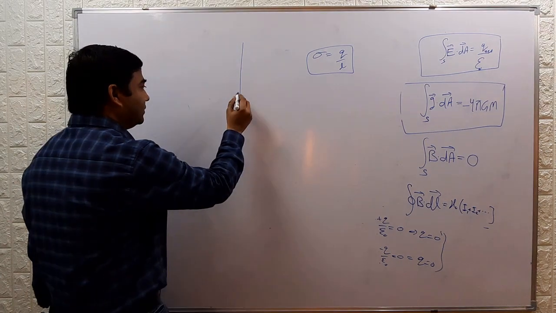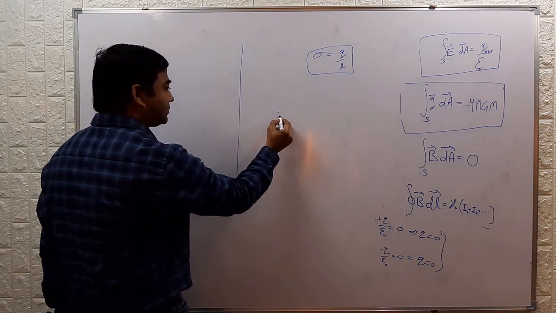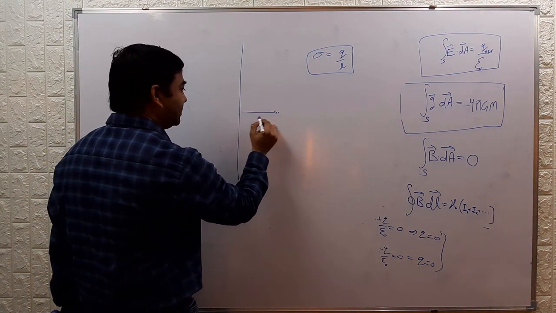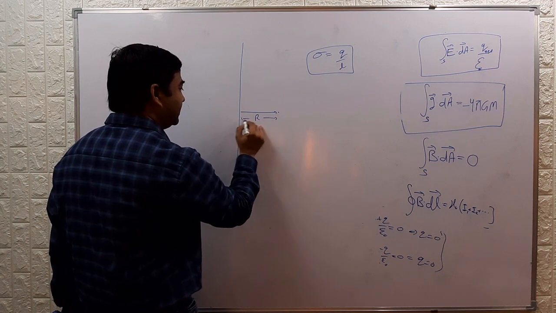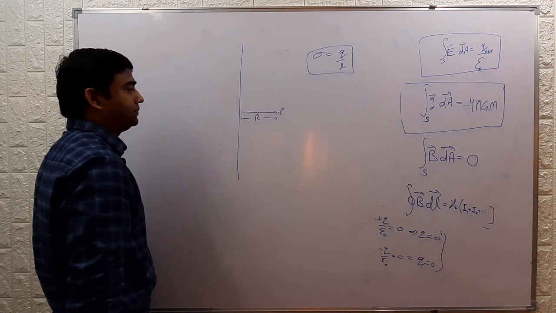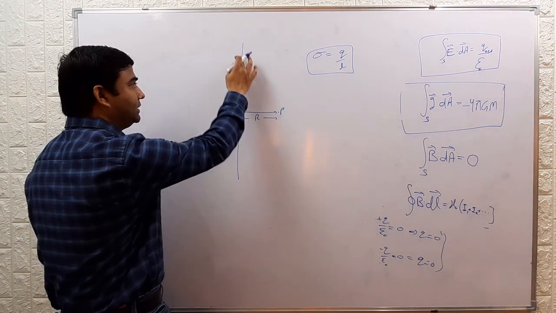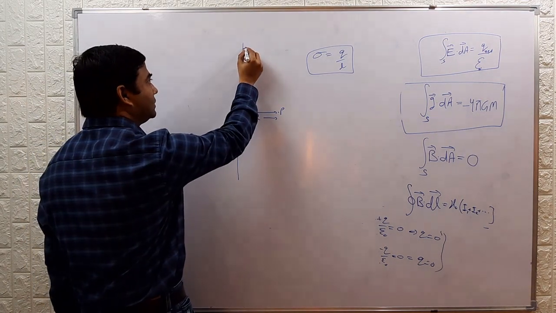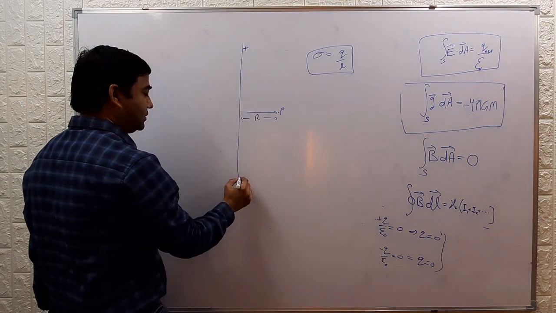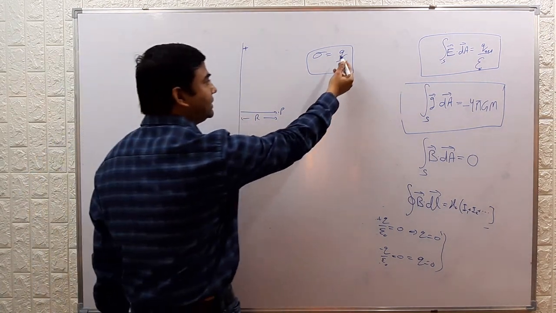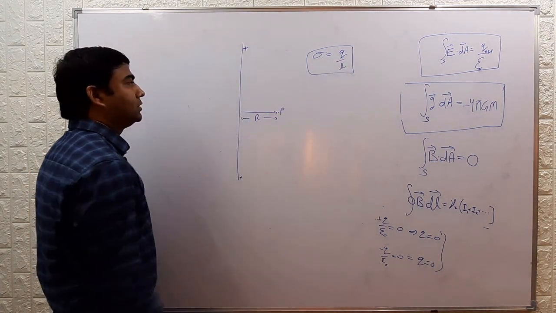Let this be distance r, at point P. We want to find the electric field, and this is a uniformly positively charged wire having linear charge density Q by L or sigma.